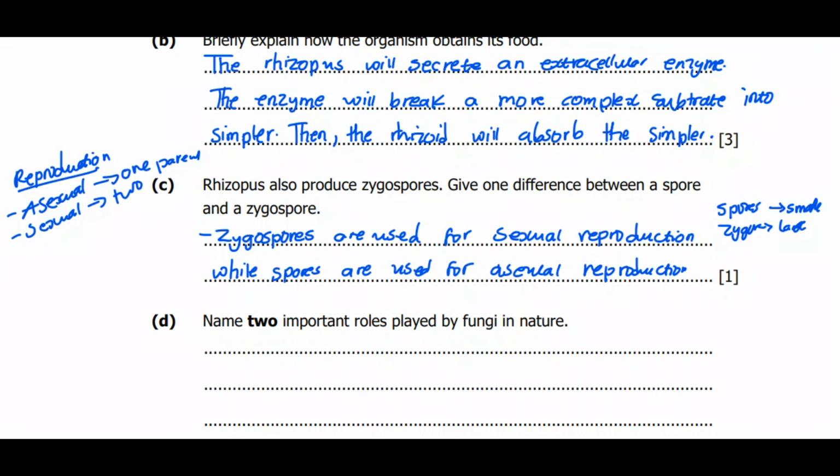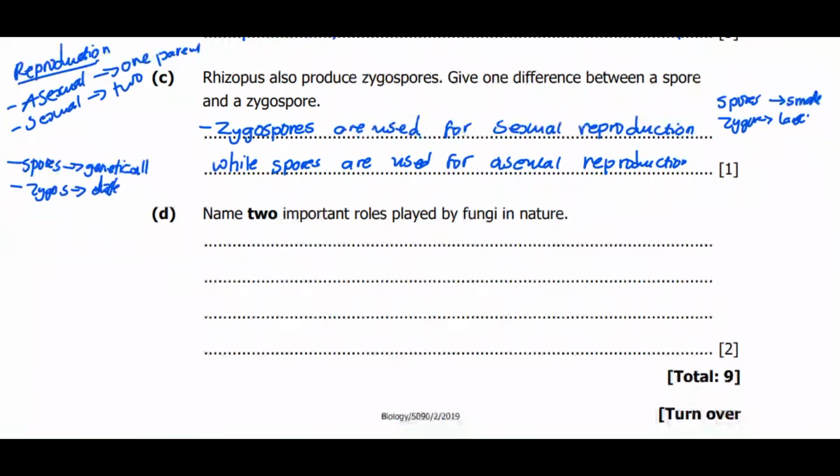Then the other difference is that spores are genetically identical to the parent, while zygospores are genetically different. So I've given you at least three differences that you need to remember.